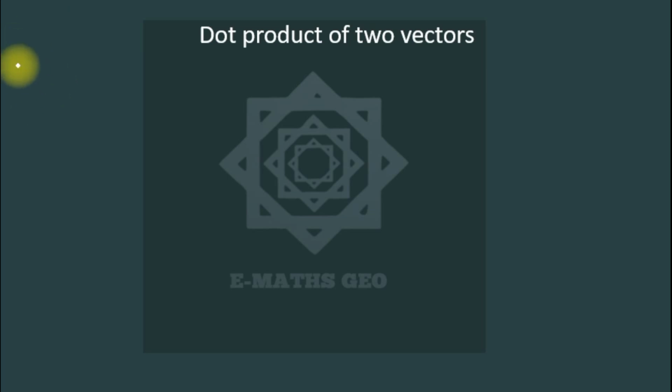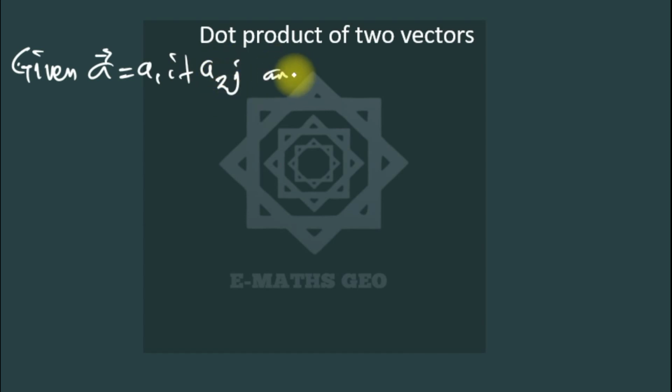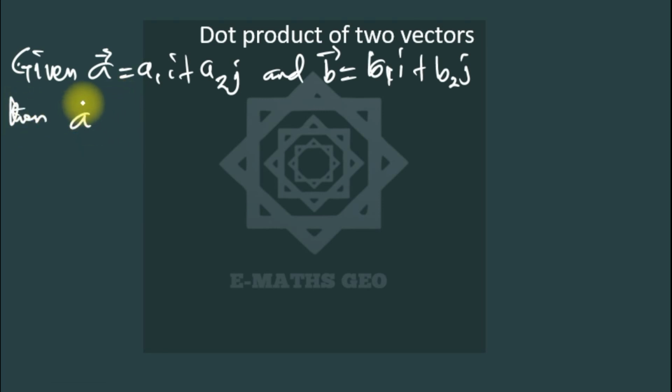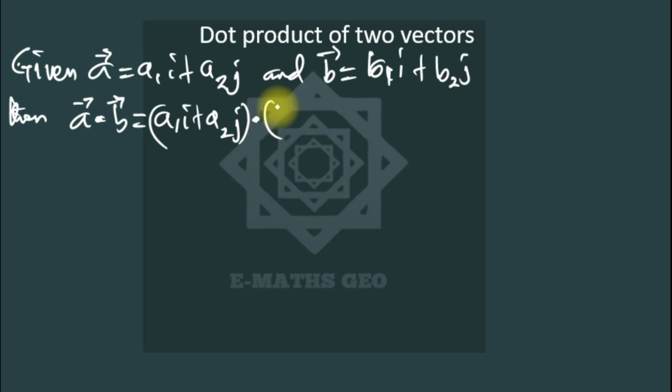So if you are given vector a equals a1i plus a2j, and maybe vector b to be b1i plus b2j, and you want to get their dot product, then a dot b is equal to a1i plus a2j dot b1i plus b2j.